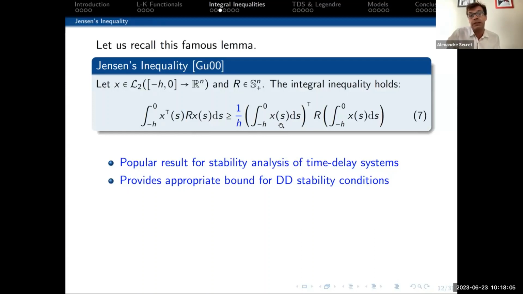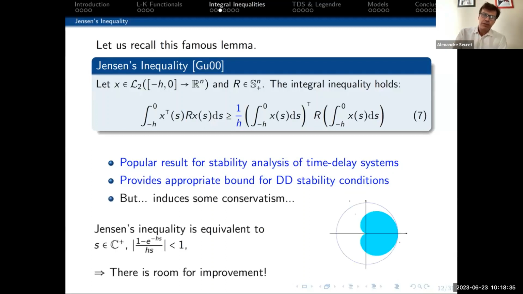It has been really popular for a long time in the context of time delay systems. Why? This is because this inequality brings up this term which is related to the value of the delay. And when you derive the LMIs, this brings some LMIs that are delay dependent, so DD stability conditions.